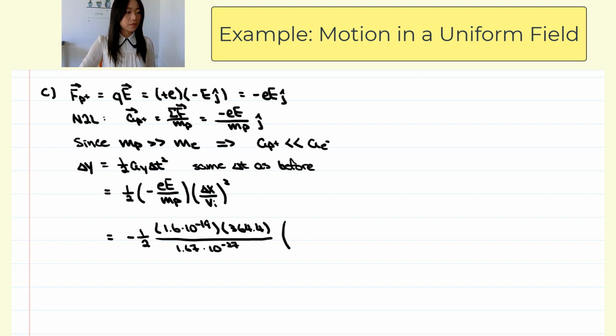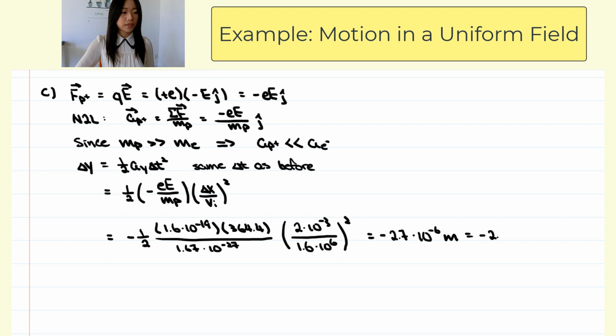Then times delta x, which is still the length of the plate, 2 times 10 to the power of negative 3 meters, divided by vi, the initial speed, 1.6 times 10 to the power of 6 meters per second, and this squared. And we get delta y is negative 2.7 times 10 to the power of negative 6 meters, which is negative 2.7 micrometers.